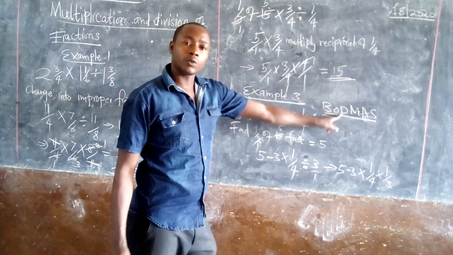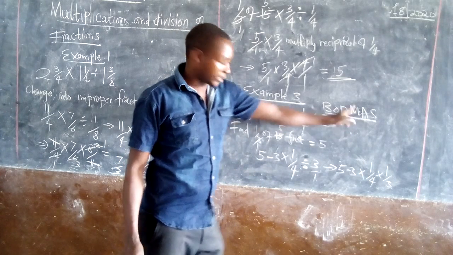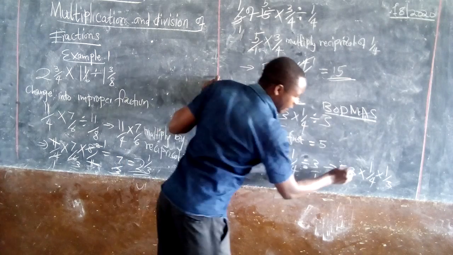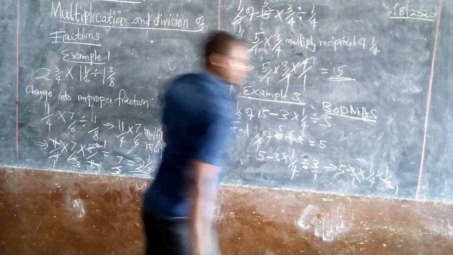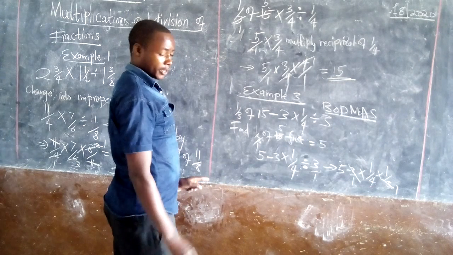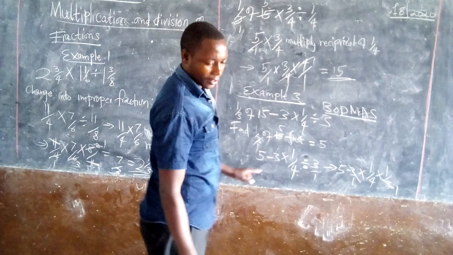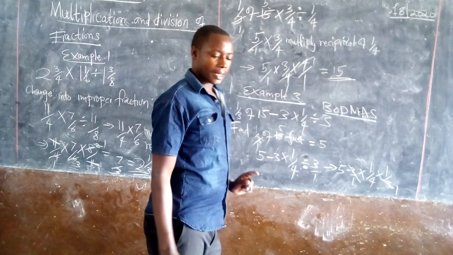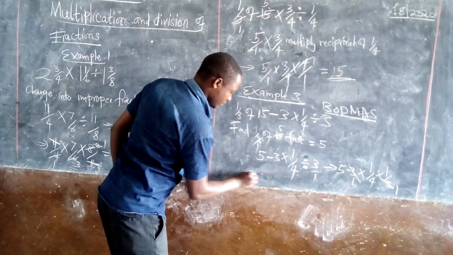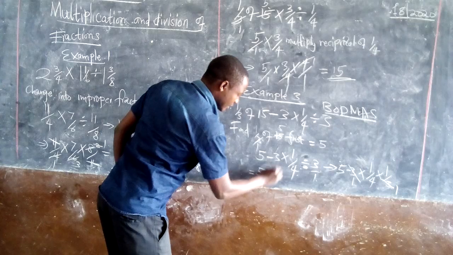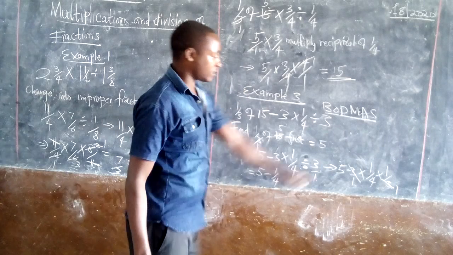We go to multiplication: by 3, 1, by 3, 1. So we remain with 5 minus a quarter. That is what has remained here.